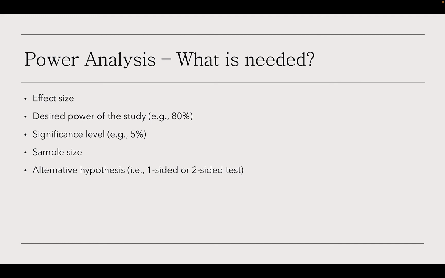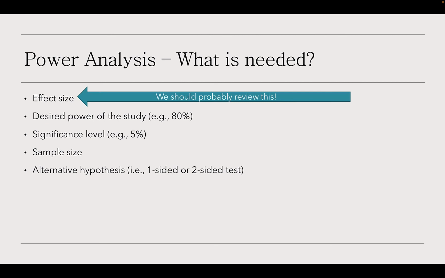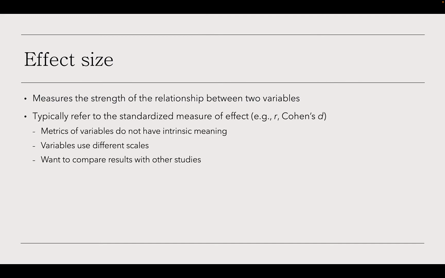Now, I quickly skipped over that first one, effect size, but I'm guessing we should probably review this. Okay, so effect size. Effect size measures the strength of the relationship between two variables or the magnitude of the differences between two means. Typically, we are referring to the standardized measure of effect. You can look at unstandardized measures of effect.